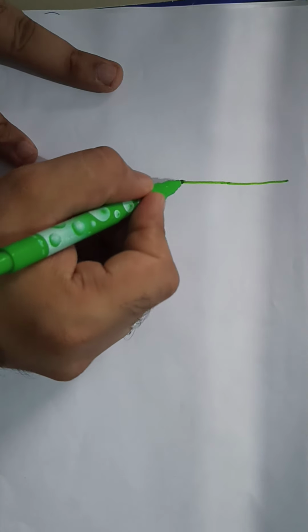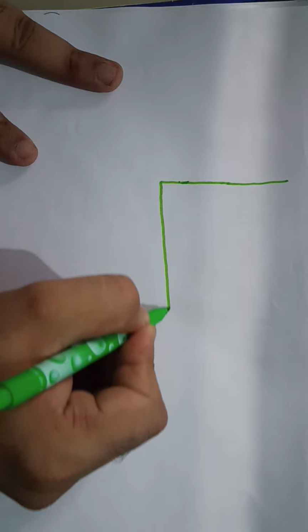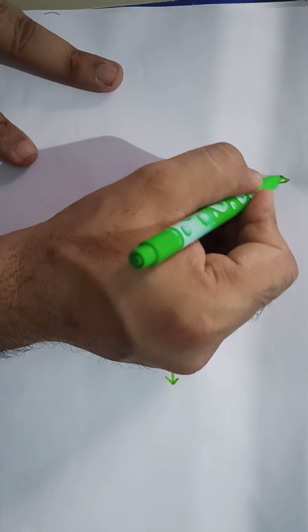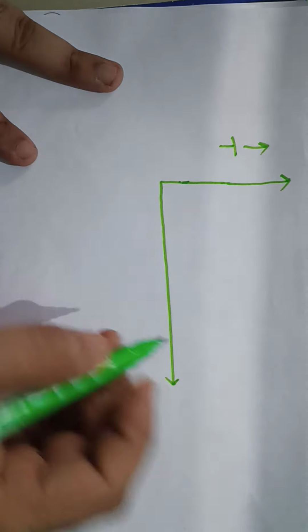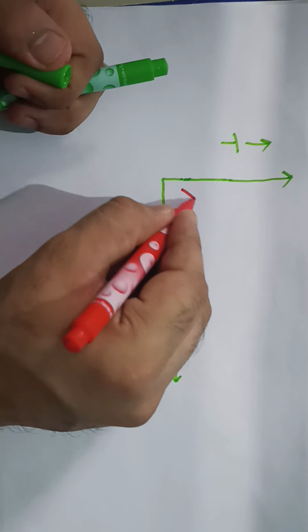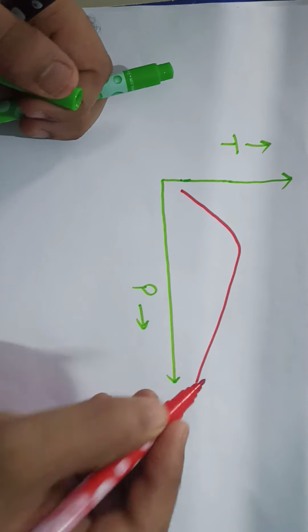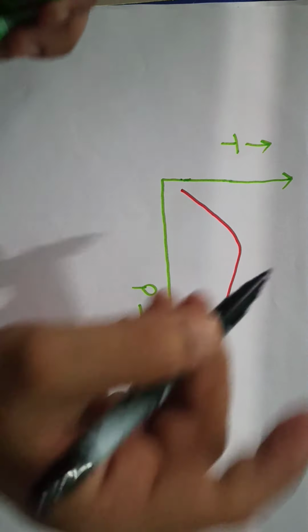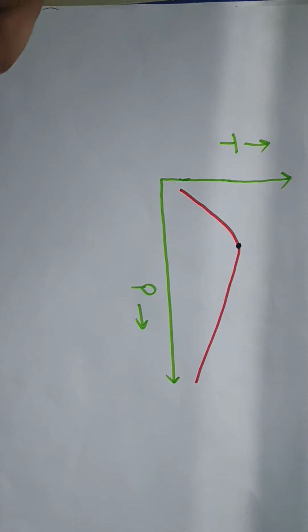Suppose now we make another curve. This is again a TP plane. On this plane, let us take another curve. Okay, this is the inversion point of the curve.